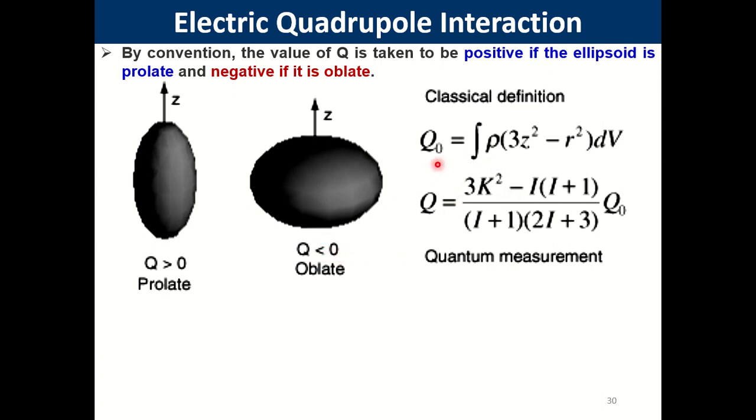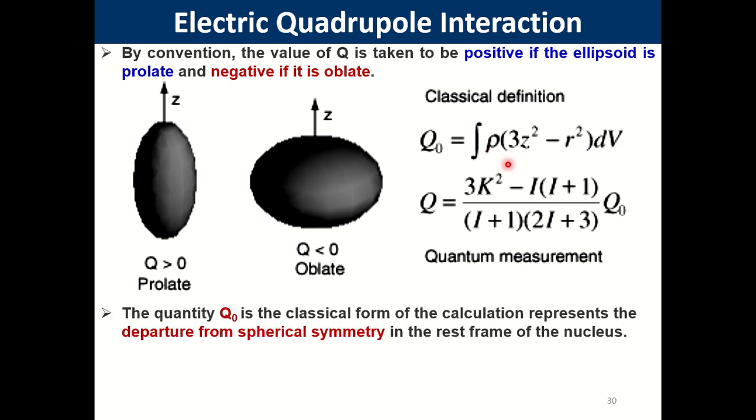This is the classical definition of a quadrupole moment given by this equation, and it describes to what extent the geometry has departed from spherical symmetry.